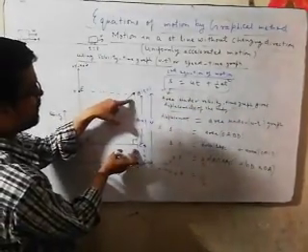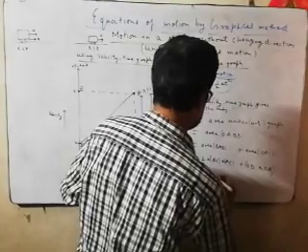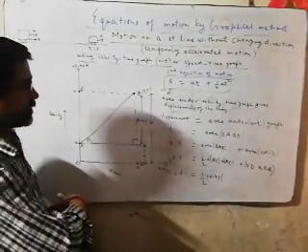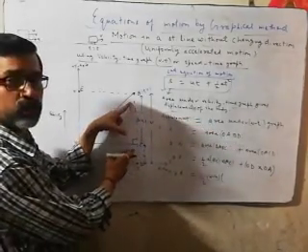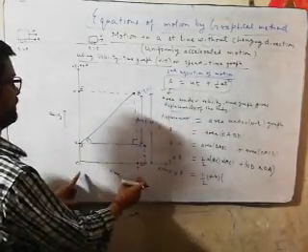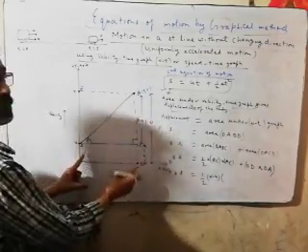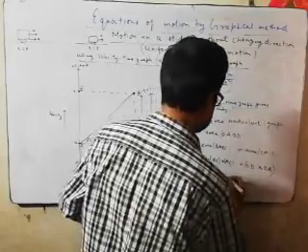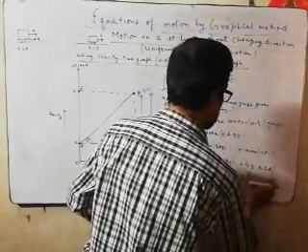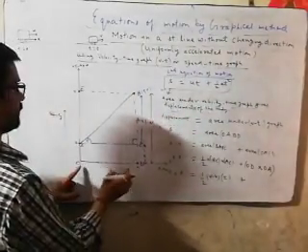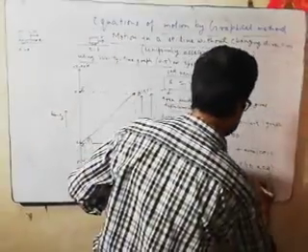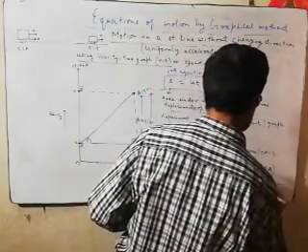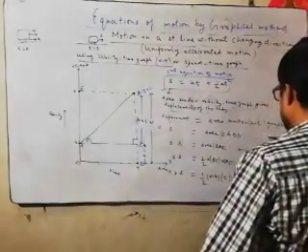BC is nothing but V minus U. And AC is equal to OD, that is T. OD we have got as T, and OA is U. So on this side we are getting UT.